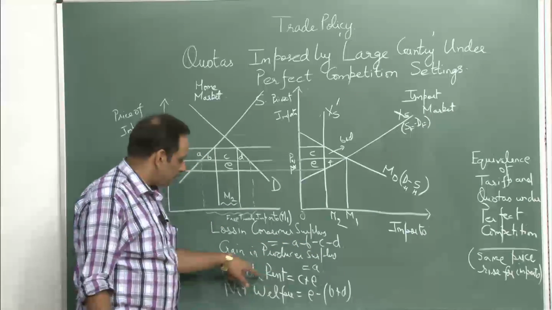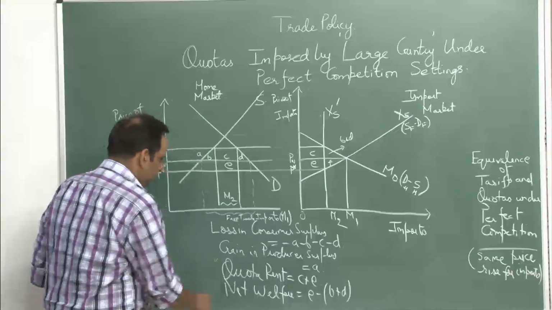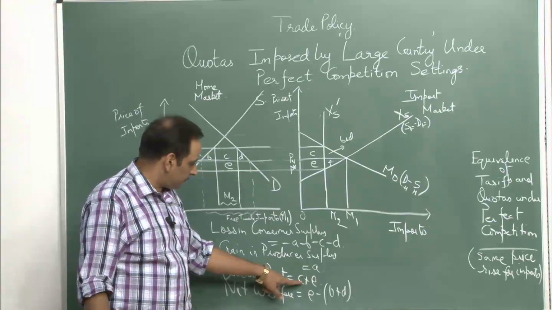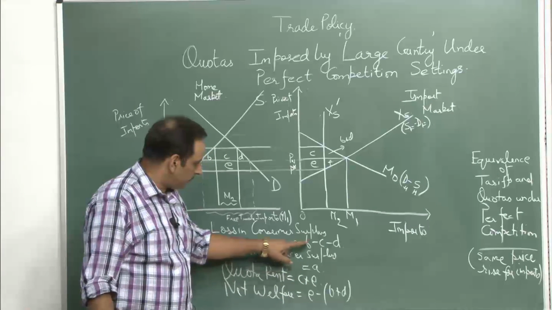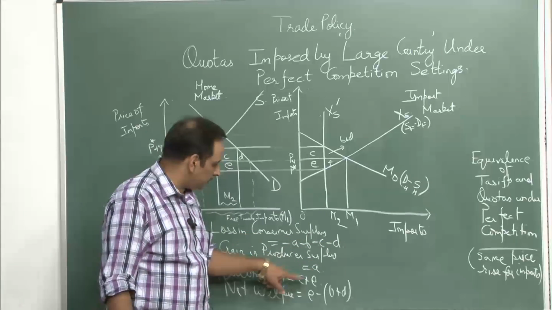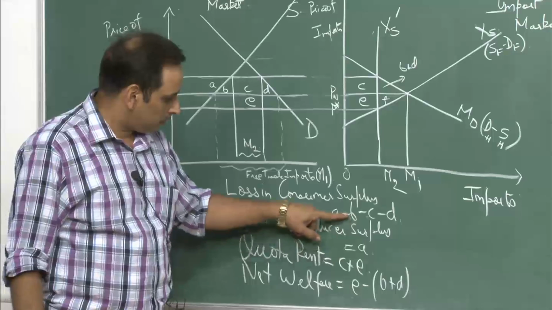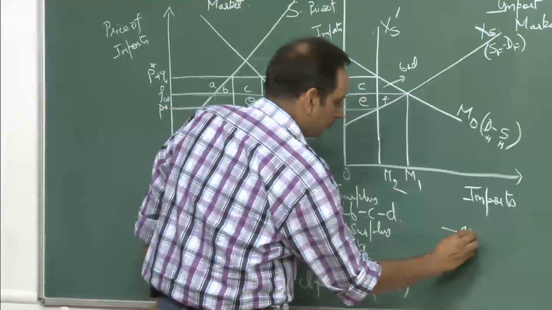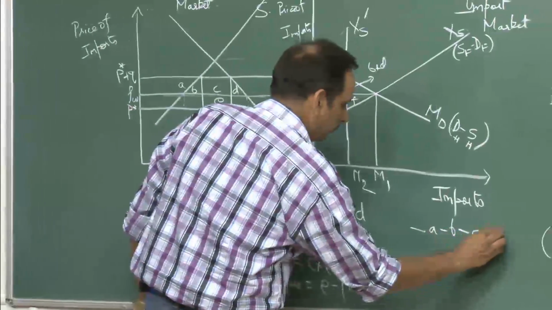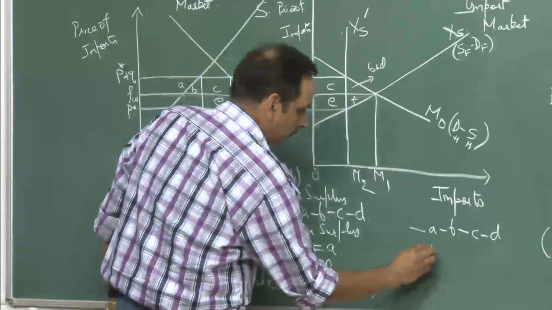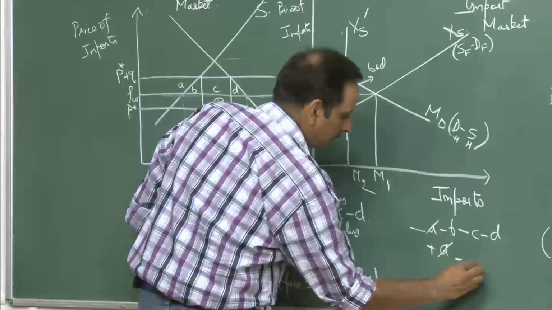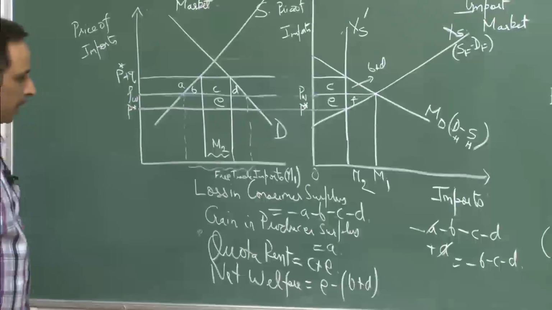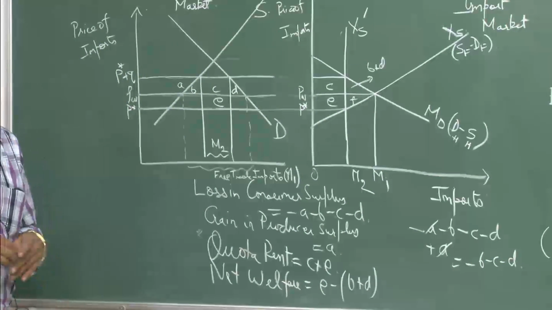So, if quota rents get lost in corruption, you would have minus A minus B minus C minus D plus A. So, it becomes minus B minus C minus D.